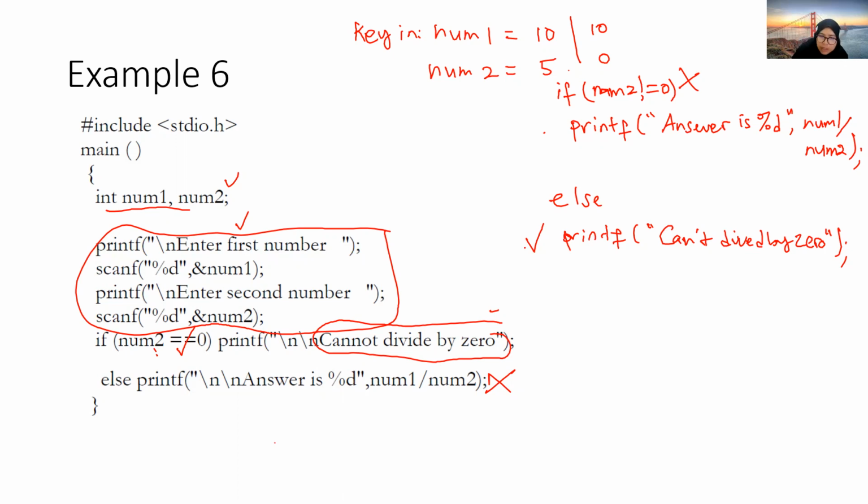Okay, so you can see that either way, you can do it. So the message is going to be the same. It cannot divide by 0. This also cannot divide by 0. Okay, is it clear?